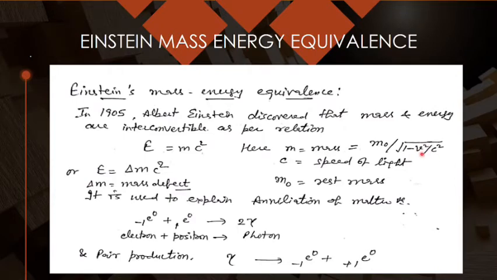If v is comparable to the speed of light, then only the mass of the body can be written as m naught divided by square root of 1 minus v square upon c square. This equation has been asked at times to prove dimensionally correct, but for this exam you are not getting all these things; this is for your awareness.